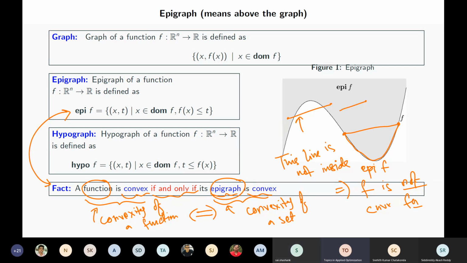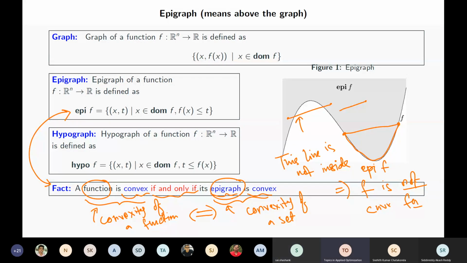Yes. So the line joining being greater than the function values itself explains the fact that the line joining lies in the set, if we consider it as the epigraph. Yes, exactly. That is the intuition, your intuition is correct.